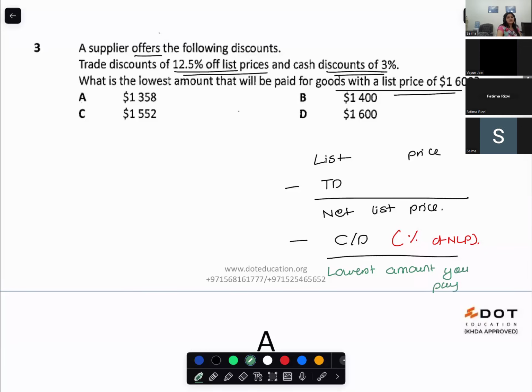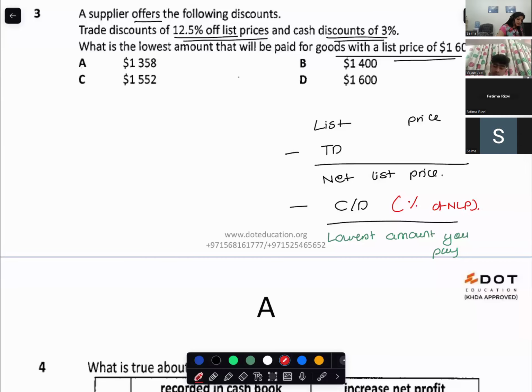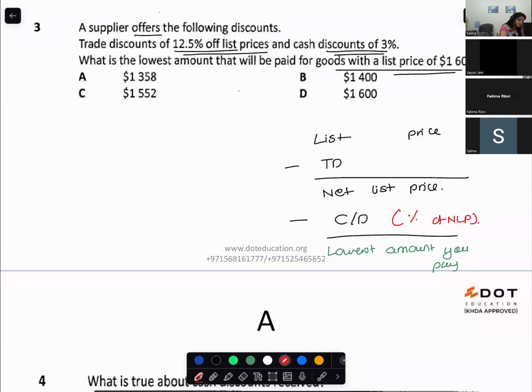Do you know this part? No, miss. Okay, come on, write it, memorize it, and find the lowest amount that is to be paid. The answer. Give me the list price. 1,600. Trade discount. 12.5%, which is 200.